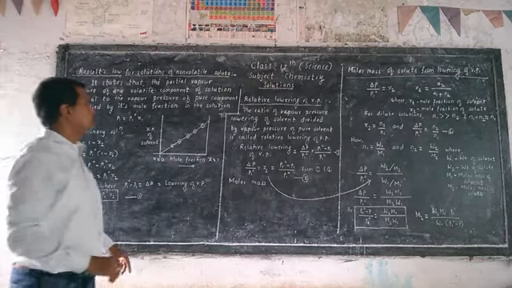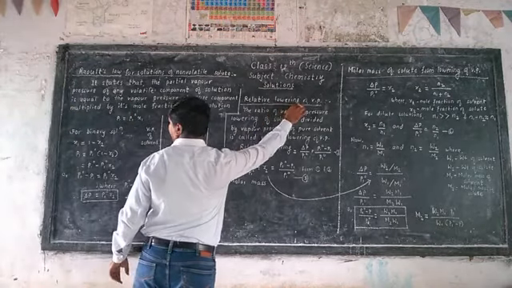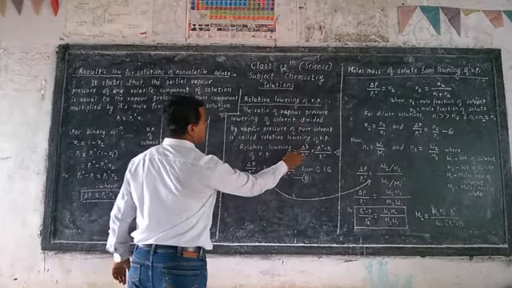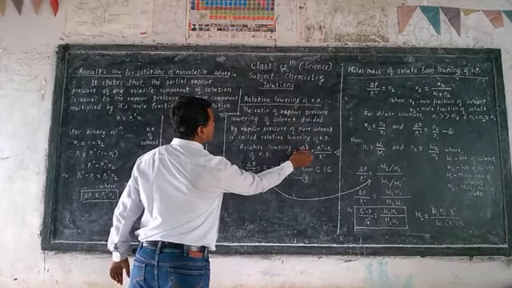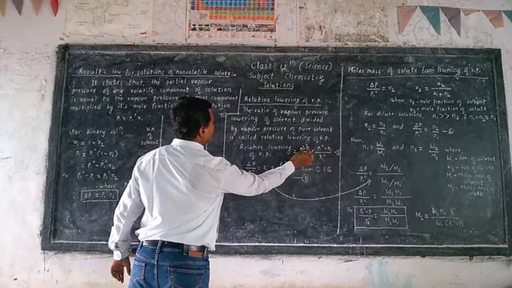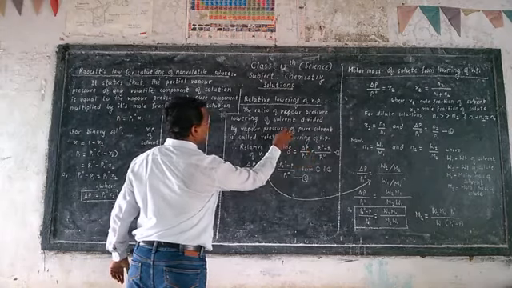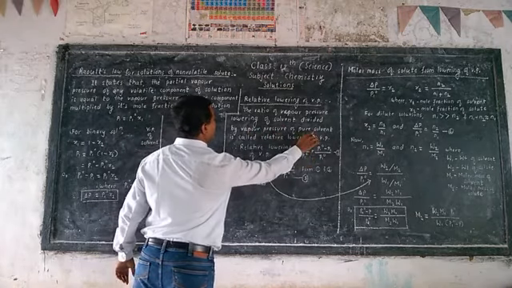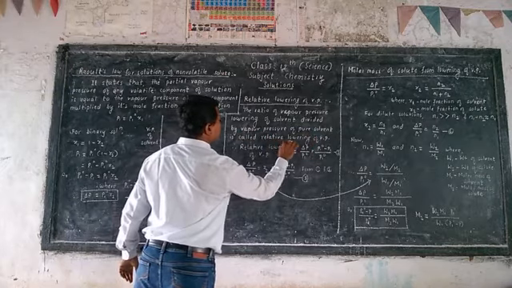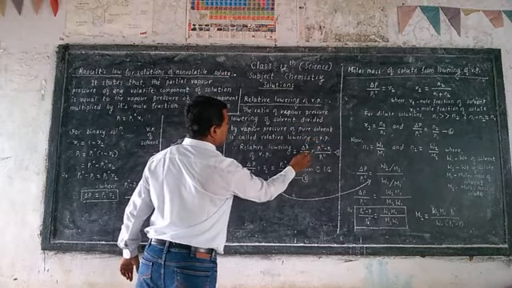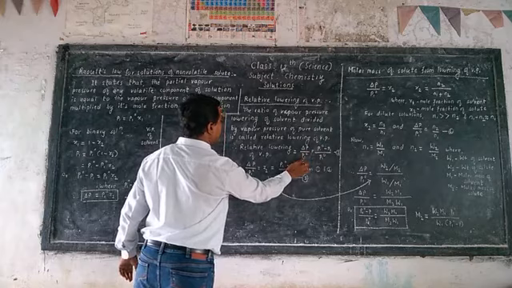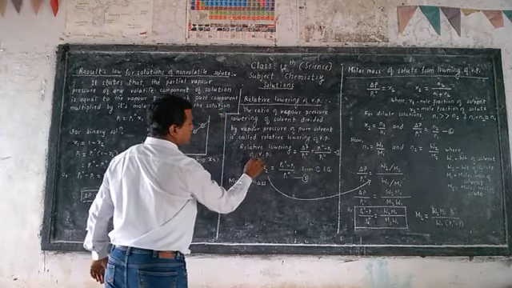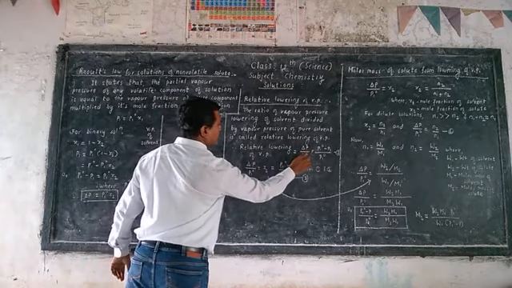Then relative lowering of vapor pressure. The ratio of the vapor pressure lowering of the solvent divided by the vapor pressure of the pure solvent is called relative lowering of vapor pressure, delta P upon P1°.